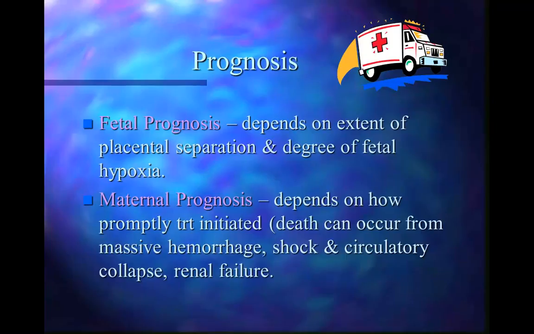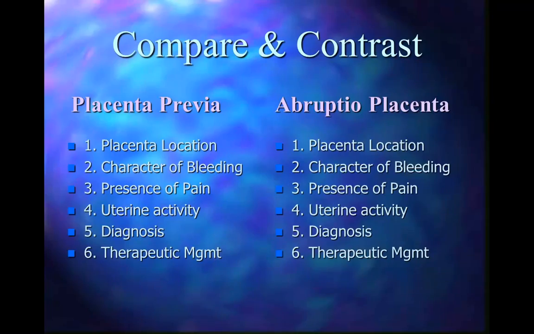So prognosis for mom and baby is certainly a huge challenge, and we hope that we can catch it quickly and that prognosis will be okay, but babies and moms do die from this if not getting immediate care.